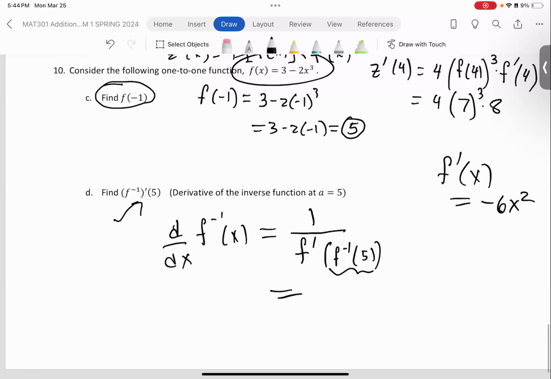The derivative of the inverse equals 1 over the derivative of the original function, evaluated at the point of the inverse. So it's going to be 1 over f prime, but instead of substituting 5, you're going to be substituting the x that corresponds to that 5, which is f inverse of 5. What does that mean, f inverse of 5? Well, look, guys, if f of -1 equals 5, then f inverse of 5 equals -1.